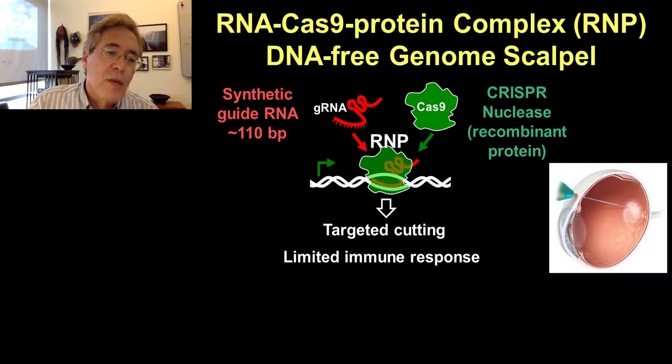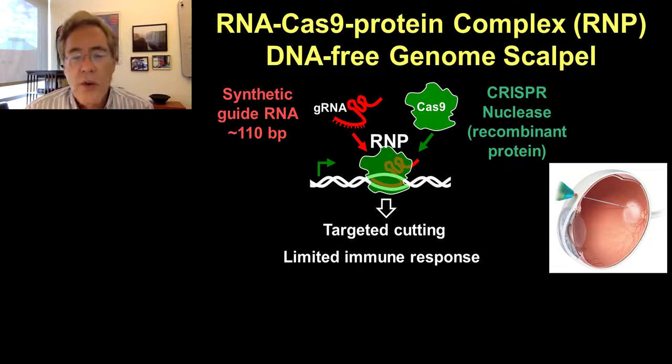Whenever we can, our tool of choice is the Cas9 RNP, which is the RNA Cas9 protein complex. This is a DNA-free genome scalpel, and this is very powerful, particularly in the eye, where this protein complex can be readily taken up.